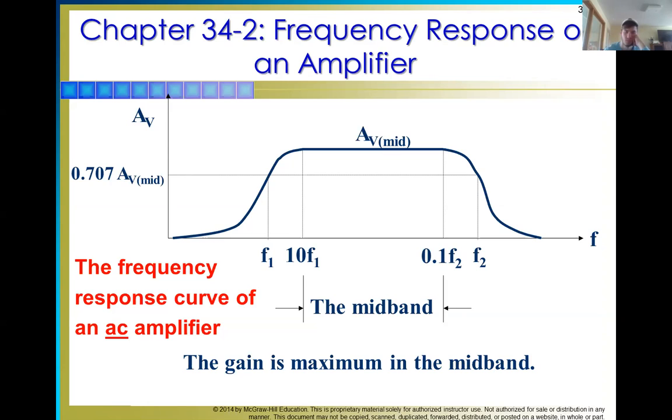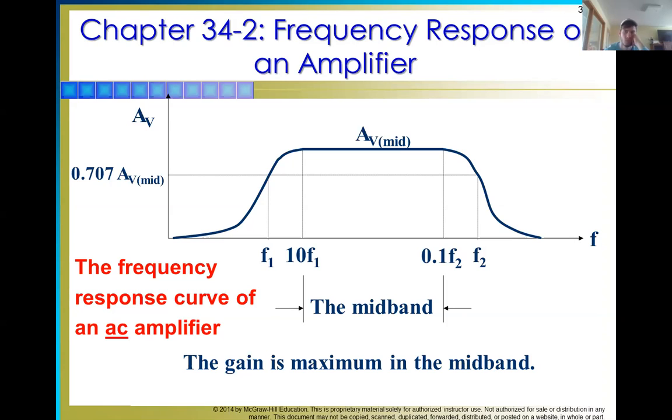Then they refer to something we call AV. This is something I want us to get used to seeing. It's actually the Greek letter alpha, with the V designation or subscript. We say AV, which specifies the overall voltage gain of this particular circuit.